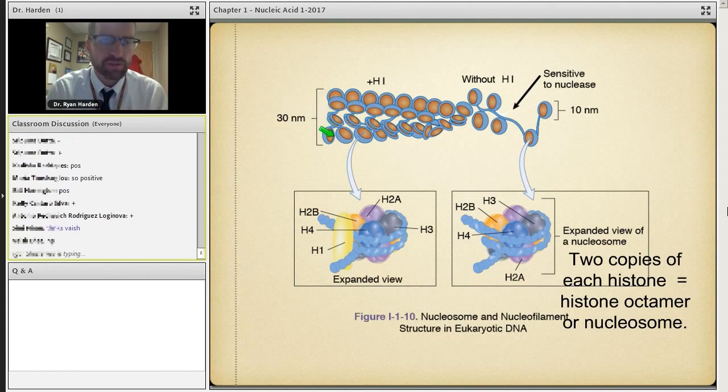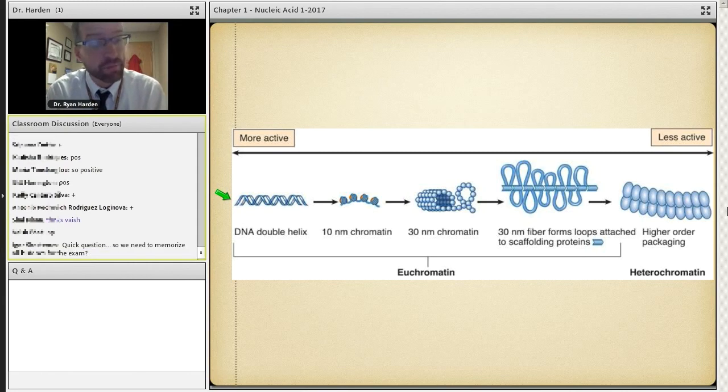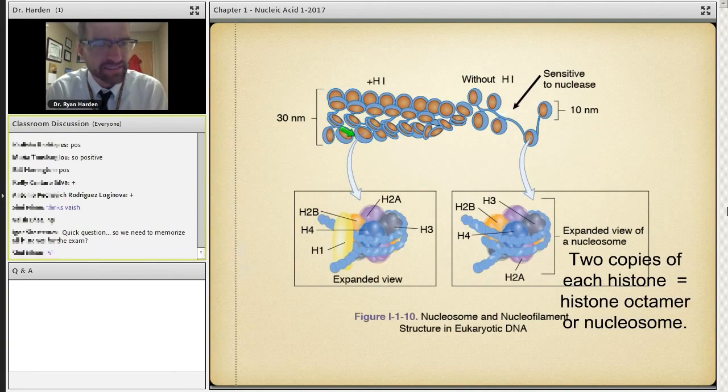So let's go to the next diagram. Now this is just double-stranded DNA, very small. If you take DNA and associate it in the form of nucleosomes, you get this. But what's missing here? Histone H1. If you have histone H1, it looks like this.